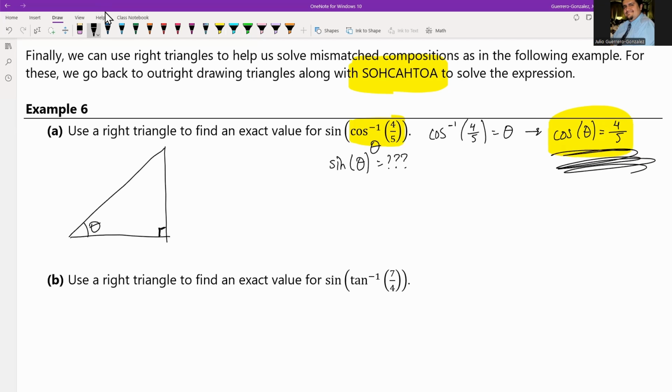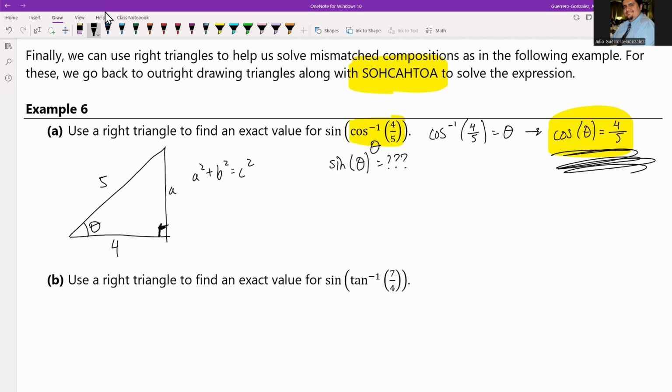So that means my adjacent and my hypotenuse are given to me. 4 and 5. Cool? Okay. So now that I have these two, I can find my missing length, right? So then this is going to be, I'm going to call it A. So A squared plus B squared is C squared.